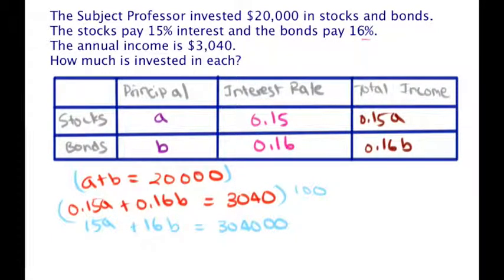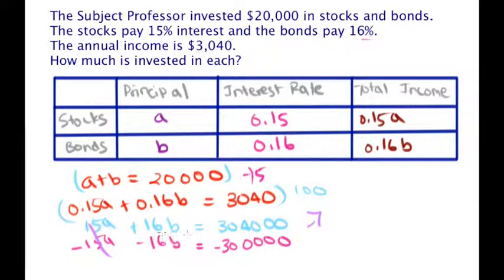So negative 15, I meant. Negative 15. So it would be negative 15A minus 15B is equal to 20,000 times negative 15. So it will be negative 300,000.